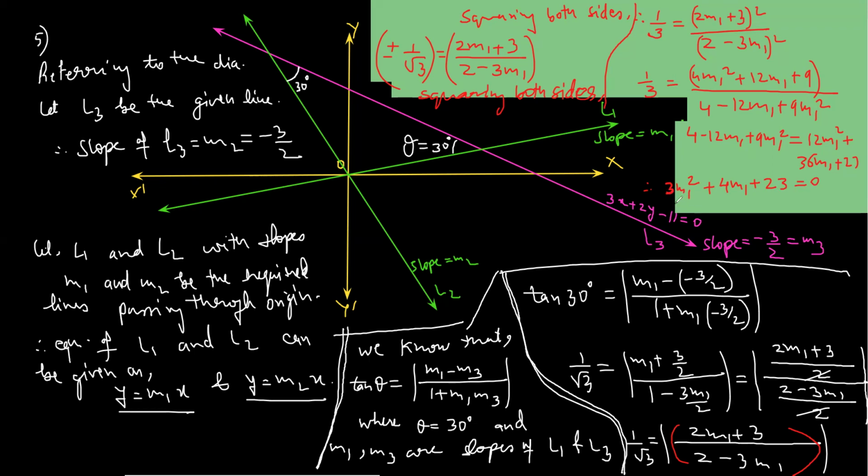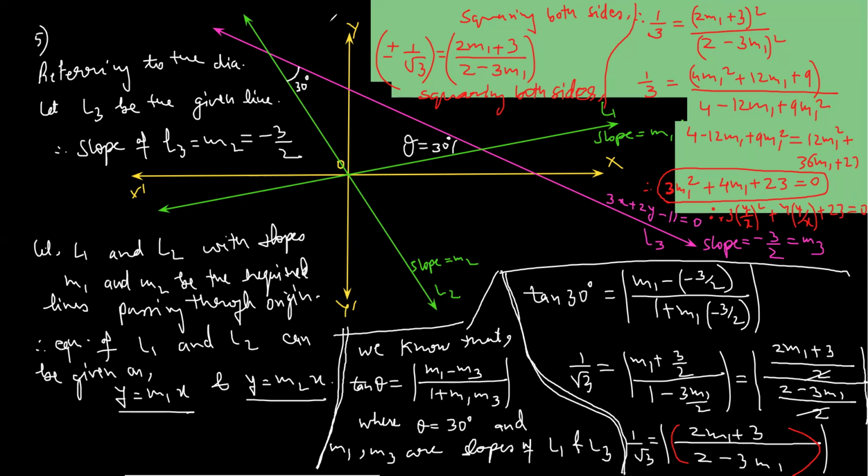And see, I got an equation in m1 square. But my dear students, what is m1? M1 is y by x. That is why I had written this. I will write here, therefore, 3 y upon x the whole square plus 48 y upon x plus 23 is 0. And this will get you the final answer.